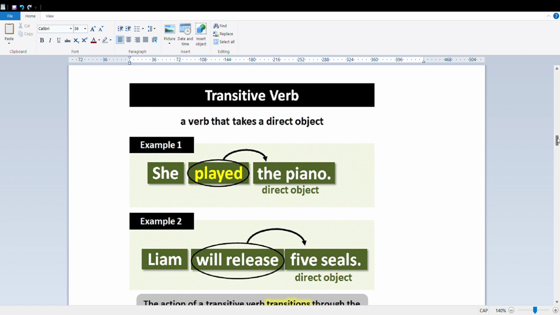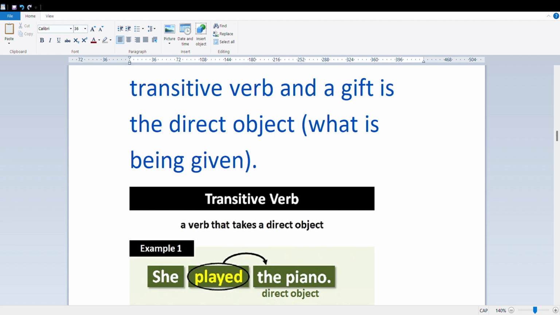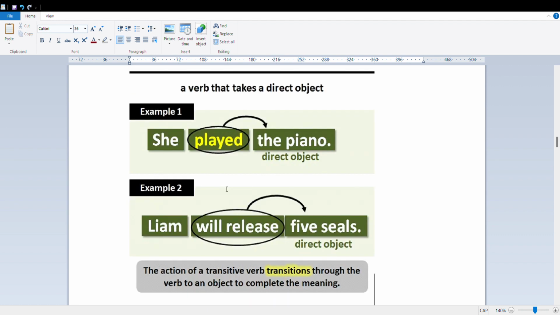Let's see the example of transitive verb. A verb that takes a direct object. Always remember, what is a transitive verb? A verb that takes a direct object. Okay. So see, we'll go for example 1. She played the piano.